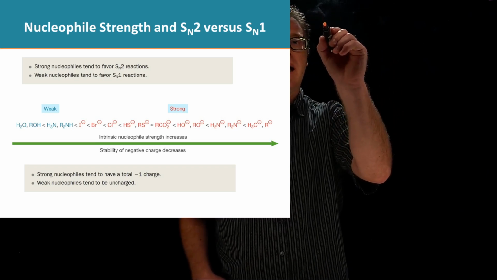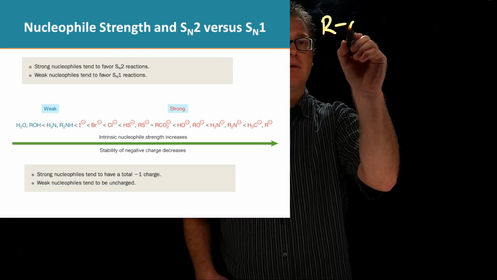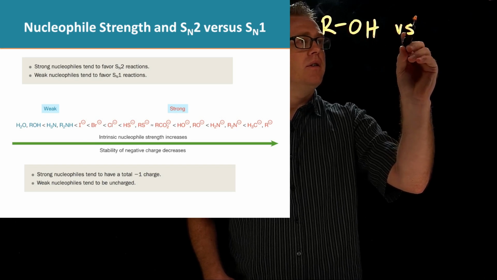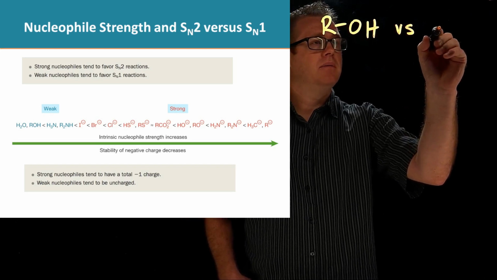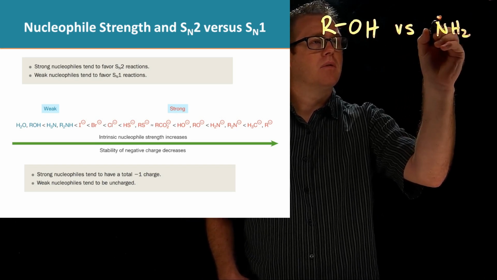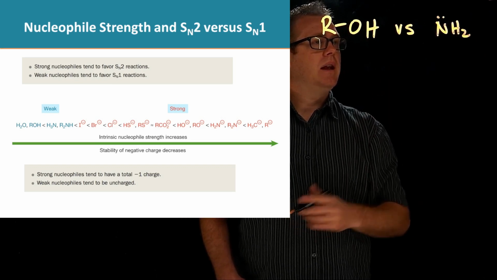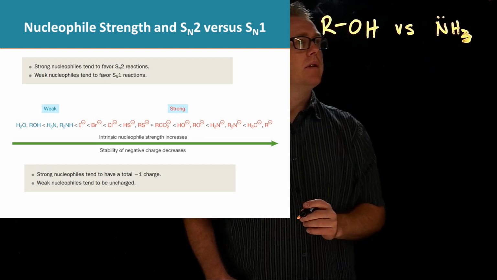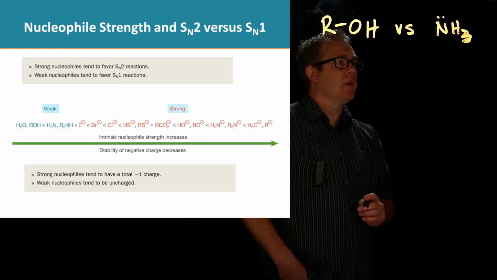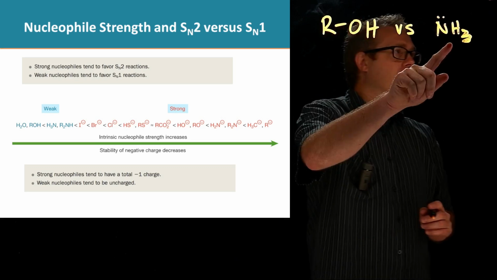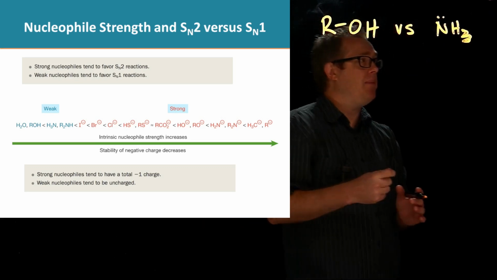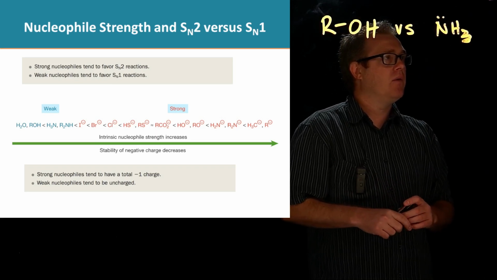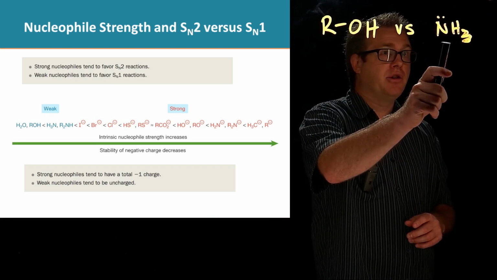If we compare the reaction rate of an alcohol versus, let's say, an amine, there's ammonia. So we have a generic alcohol and ammonia. When we look at the PowerPoint slide, which one's the stronger nucleophile? Well, the amine is going to be the stronger nucleophile, okay?